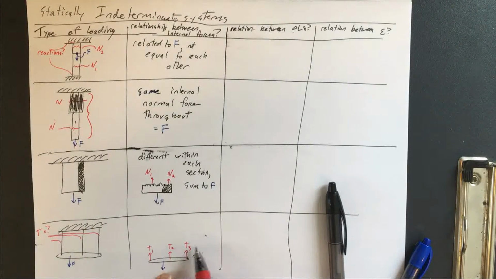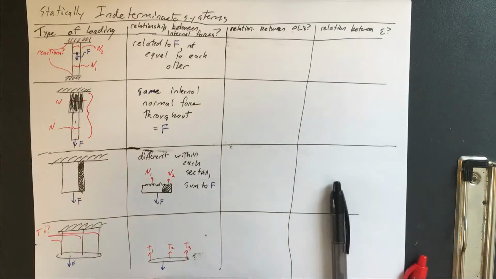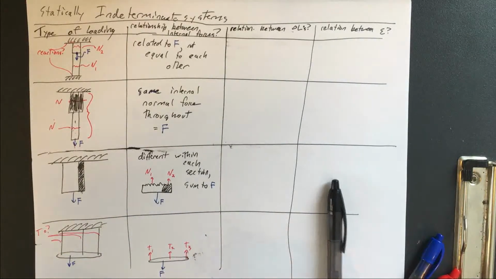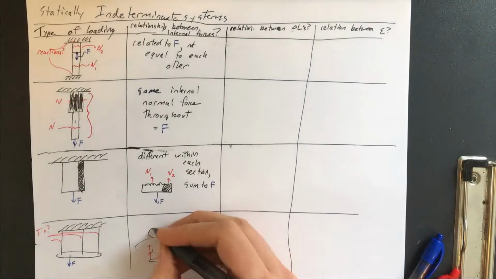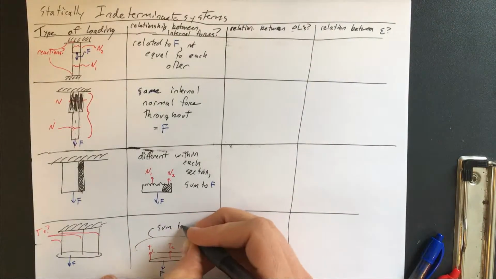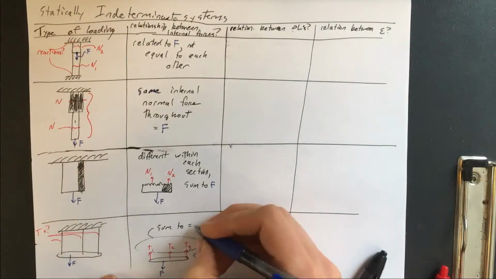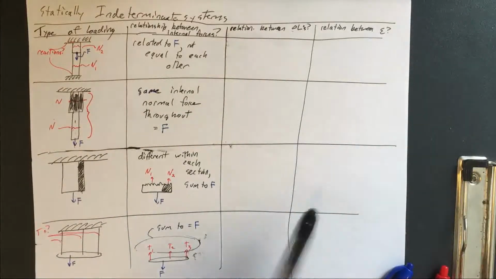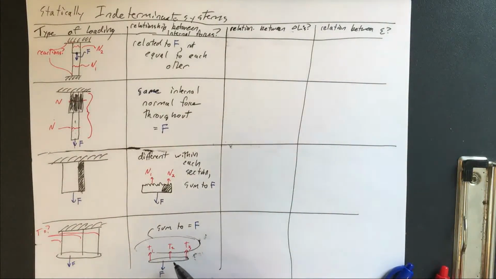We don't necessarily know if they're equal to one another or not, but we know that all of them need to sum to equal our force F here. But just from free body diagrams and summing vertical forces and moments, we don't necessarily know about the magnitudes yet.